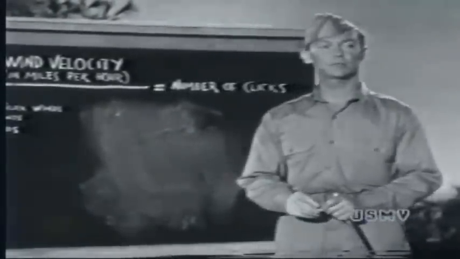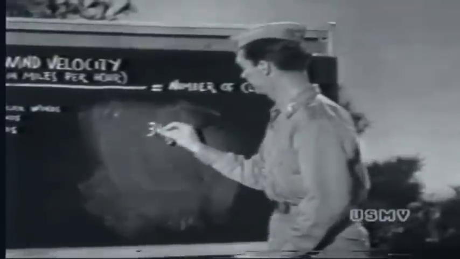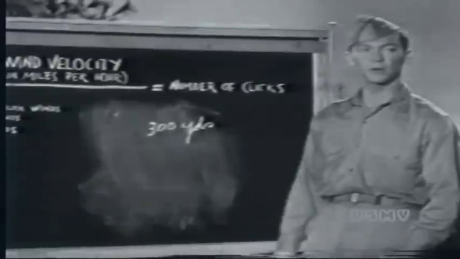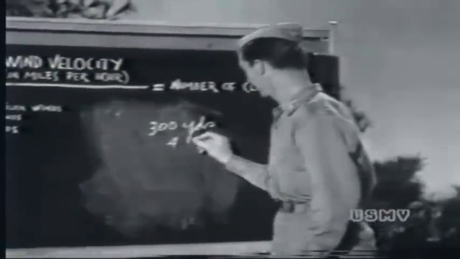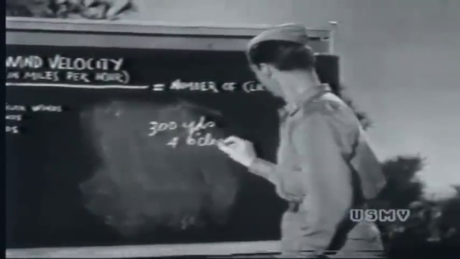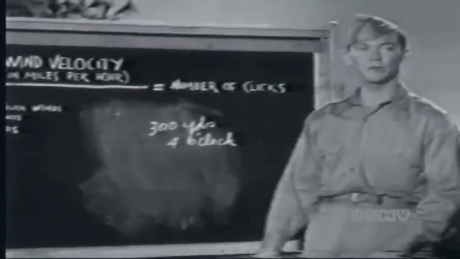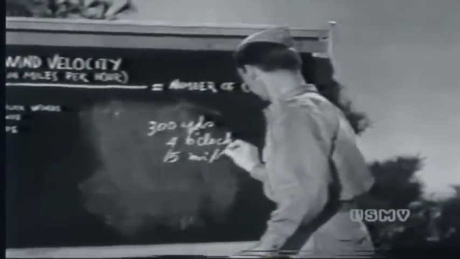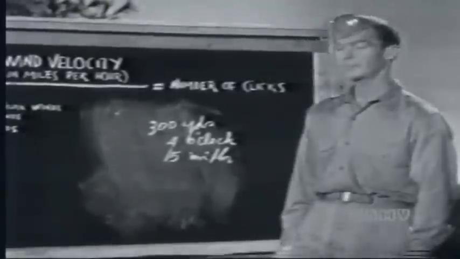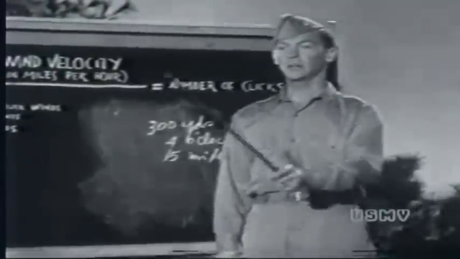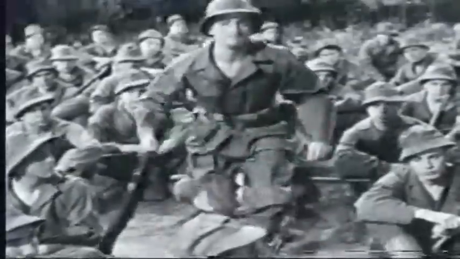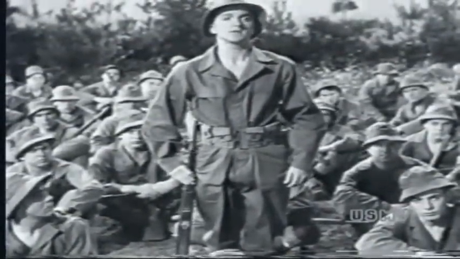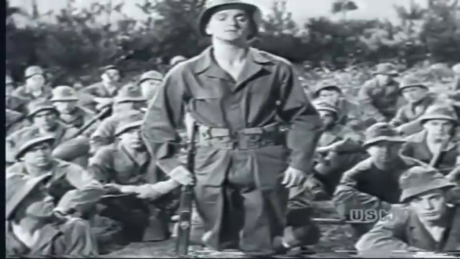Now, you're on a range 300 yards. Your wind's from 4 o'clock. Speed 15. Sir, that's 3 times 15, that's 45, sir. Right.